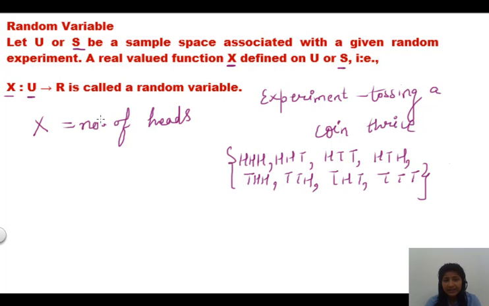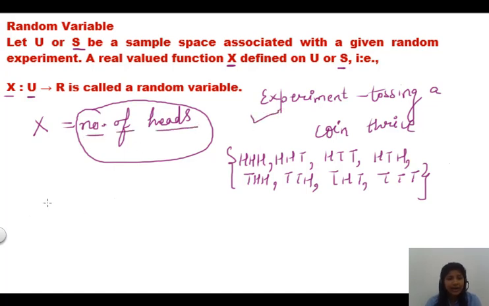Now what is x defined as here? X is a random variable. Random, why? Because it is associated to the random experiment. And what is it showing? Number of heads. So x can take the values: I see here 3 number of heads, and then 2 heads, here it is only 1 head, and then in this I see there is no head, that means 0.